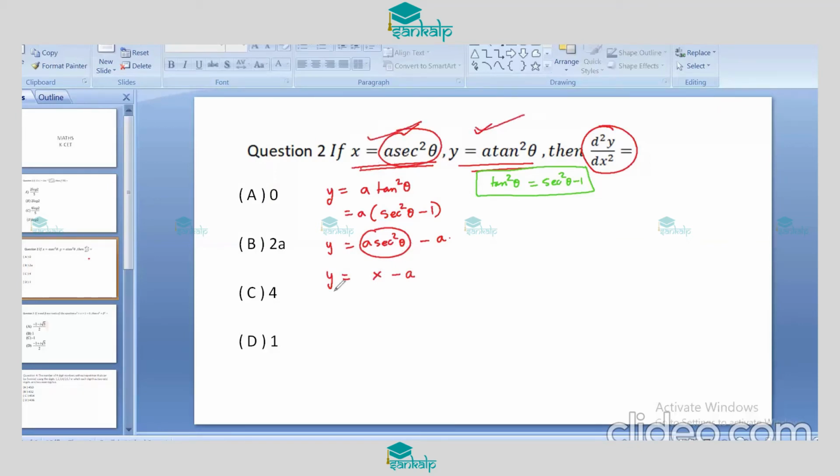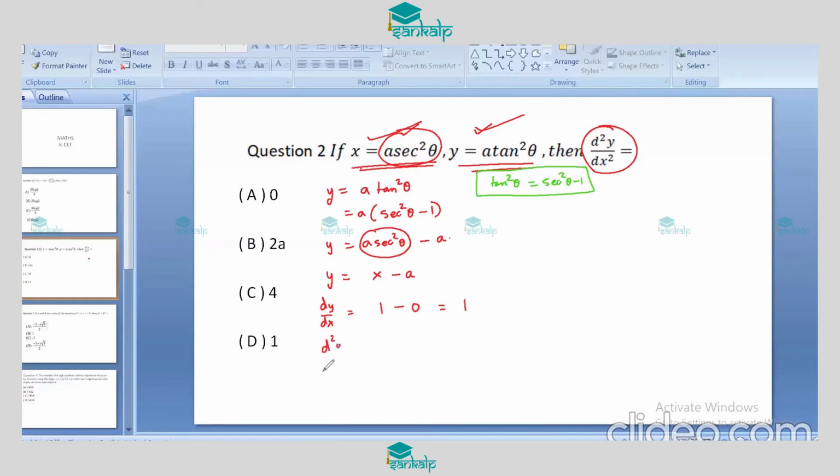I got a simple single equation whose derivative I can find very easily. Derivative of x is 1 minus derivative of a, which is a constant, is 0. So I got the first derivative as 1.